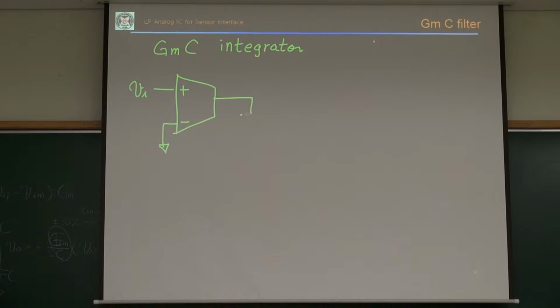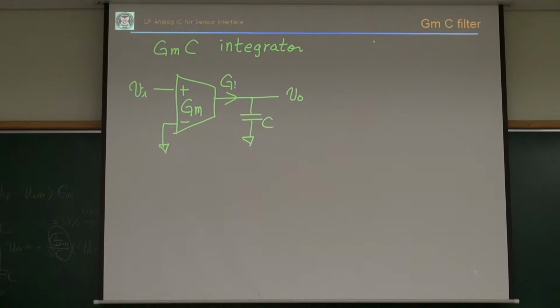Okay, let's look at the GMC integrator. Let's see, if this is VI, plus minus, and then we implement GMC here, then the current must flow out, right?